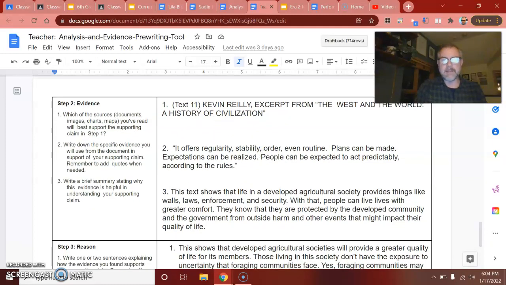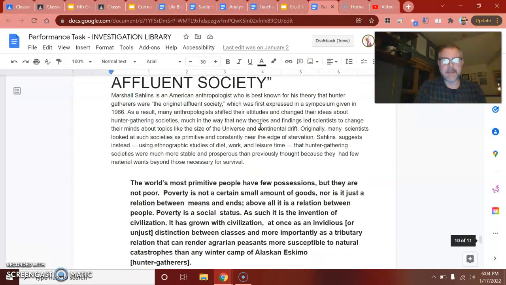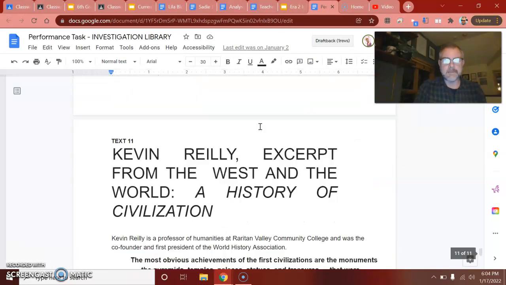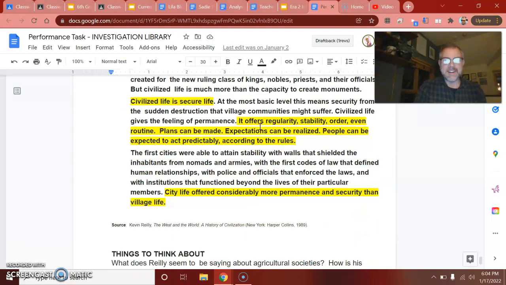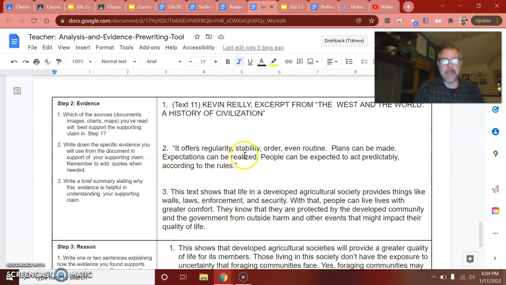So I went into that, and in looking over, let's see, where was that source? Right here. I highlighted a few things in it, and I grabbed one of these and I copied it and pasted it here. It offers regularity, stability, order, even routine. Plans can be made, expectations can be realized, people can be expected to act predictably according to the rules.